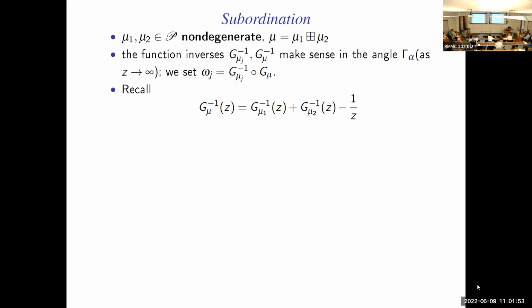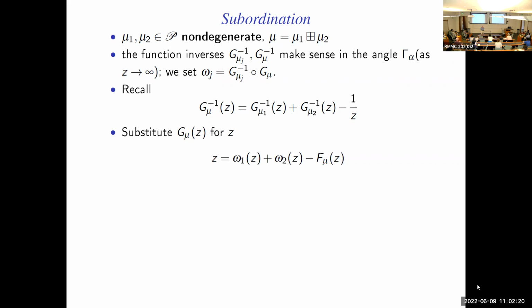Now let's recall the additivity of the R transform. That tells you G mu inverse of z is equal to G mu 1 inverse of z plus G mu 2 inverse of z minus 1 over z. That's equivalent to the statement that the R transform is additive. Let's substitute G mu of z for z.